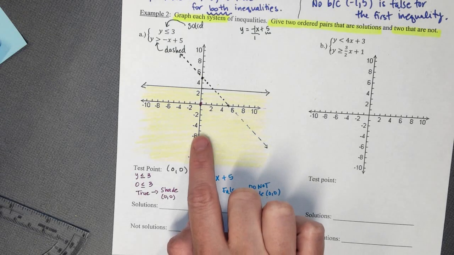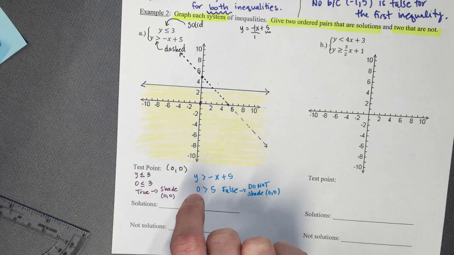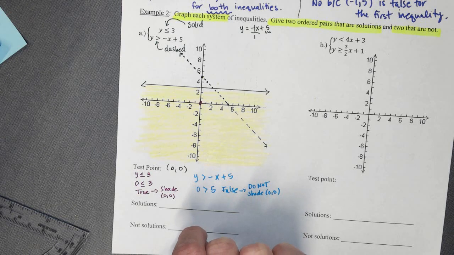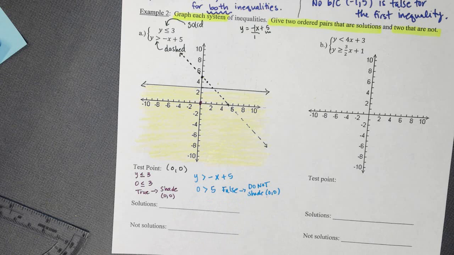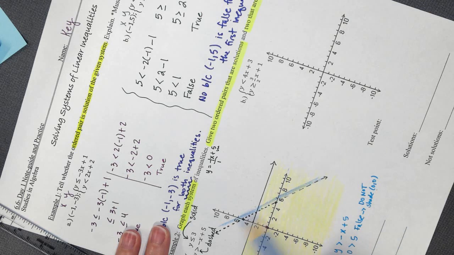So if you use blue for this one, you're either using red or yellow. If you use yellow, you're using blue or red. Okay, and then we are going to shade everything above this line.